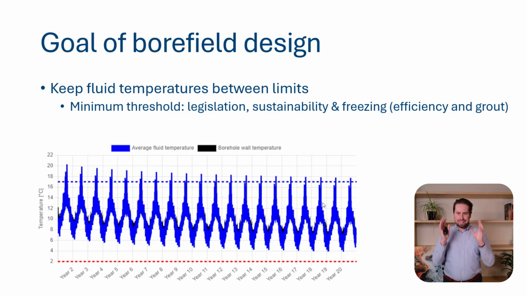Now, the idea of design is that these fluid temperatures should stay within certain limits. And you have a minimum and a maximum limit. Now here it's 2 and 17 degrees. But depending on your country and your experience, these limits might vary a little bit. Now, the philosophy is that the minimum limit can be for legislation. Perhaps there is a standard in your country, so you have to design according to certain rules.